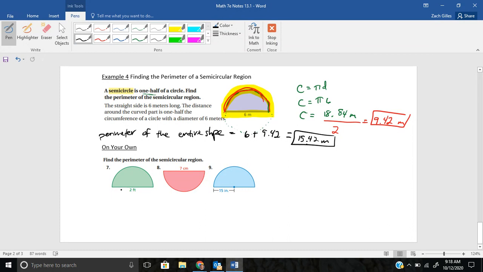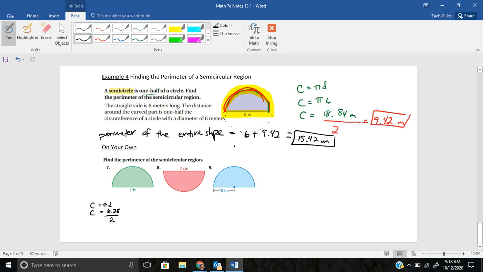Okay, for number 7, I'll do this one together. You should come up with circumference equals pi times diameter. In this case, my diameter is 2 feet, so 3.14 times 2. The circumference would equal 6.28. Divide that by 2.